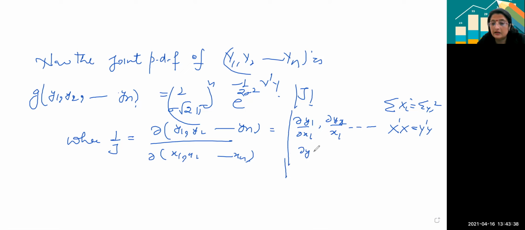Here curly y1, y2, take all the y's, by curly x1, so on up to curly yn by curly x1, and in the last it will go to curly yn by curly xn. And here curly yn by y1 y2 y3, so on up to yn.